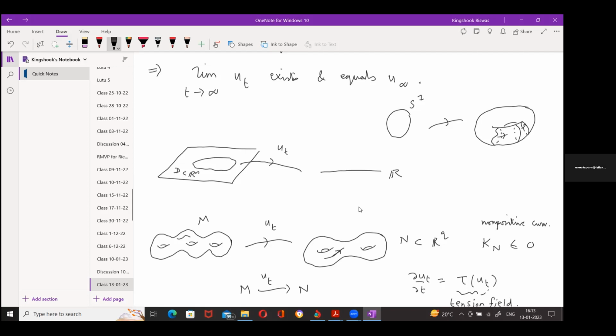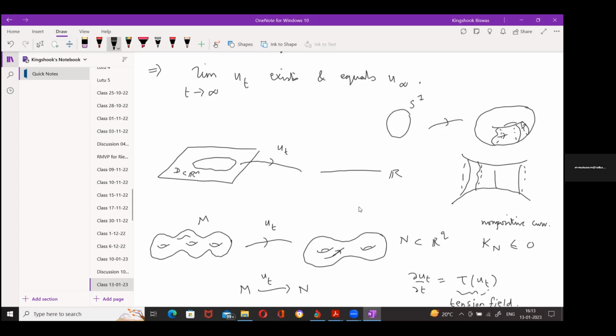But if the curvature is negative, a negatively curved surface will look something like a flaring trumpet like this. If I have negative curvature and I apply the harmonic map heat flow, there will be a unique closed geodesic in this collar.